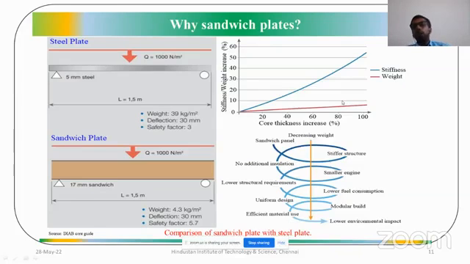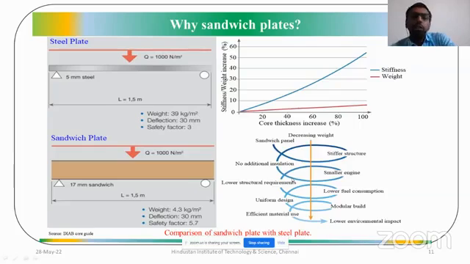So how does this sandwich plate lead to lower environmental impact? Because it reduces the weight. As the weight reduces, the requirement of the engine will be smaller, and since this composite is not thermally conductive, we do not require additional insulation.